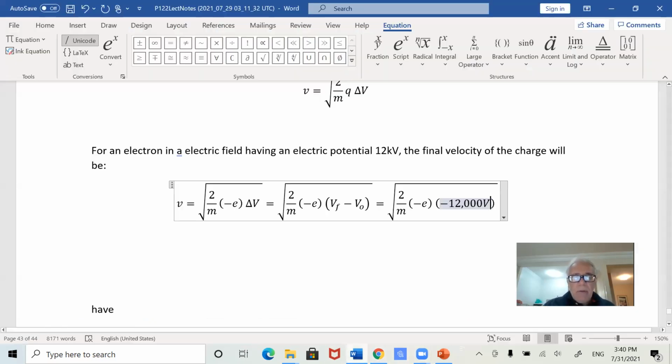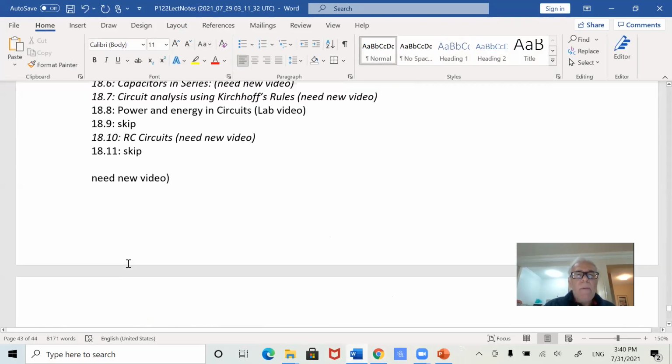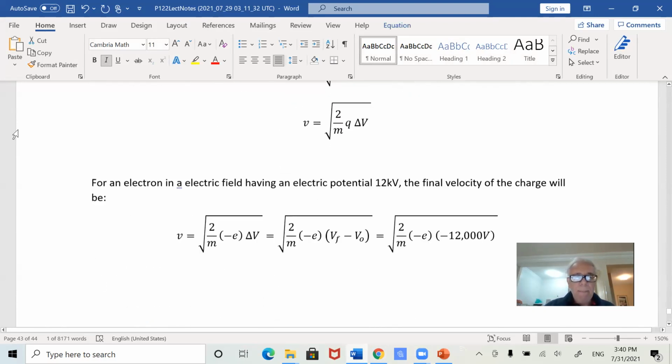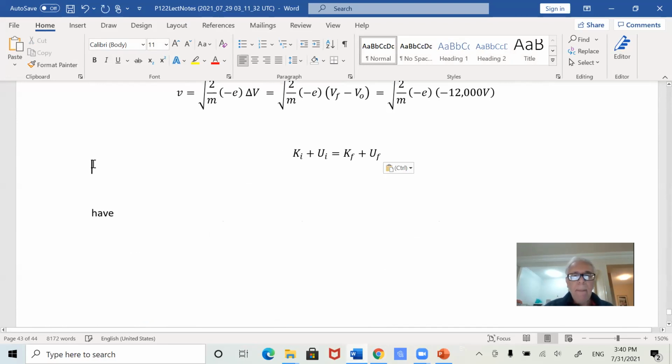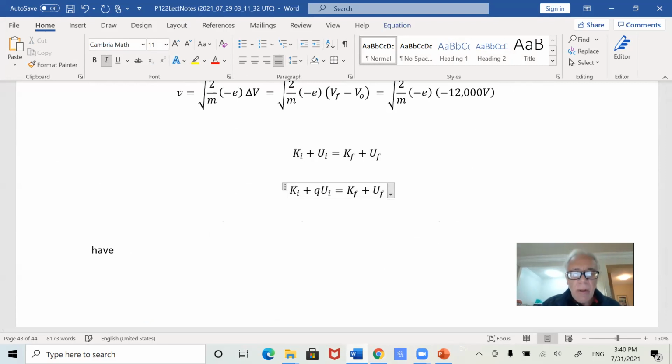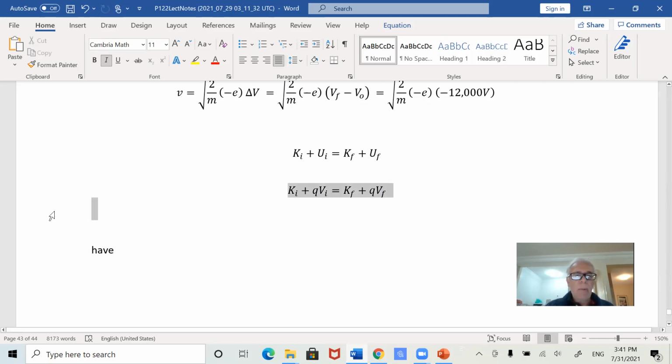Let's go back here to my notes. Here you go. In summary, what we have is kinetic energy plus potential energy. The potential energy can be written as the electric charge times the initial electric potential, which here is going to become the final potential, and we get a Q here as well. Then you substitute the equations in a proper way.